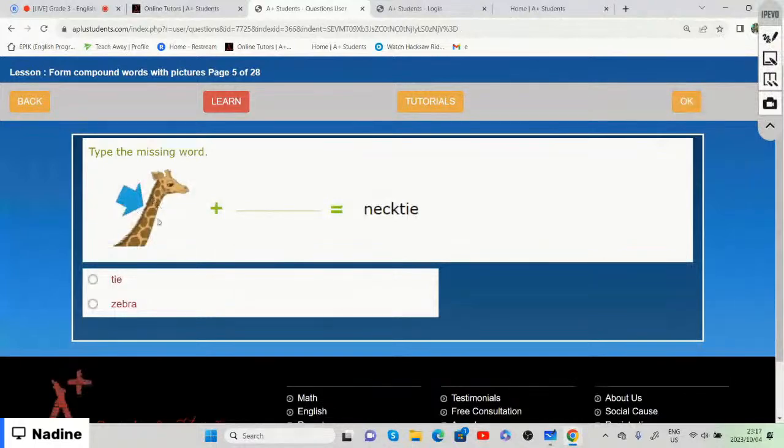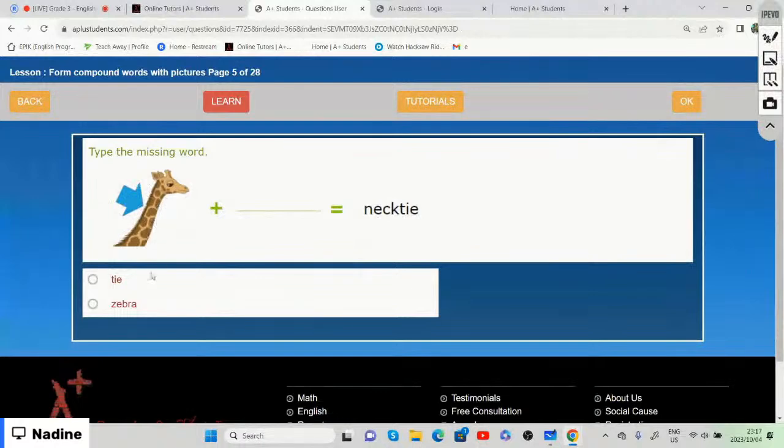All right. What is the arrow facing to? That plus equals necktie. Here the arrow is facing the giraffe's neck, right?